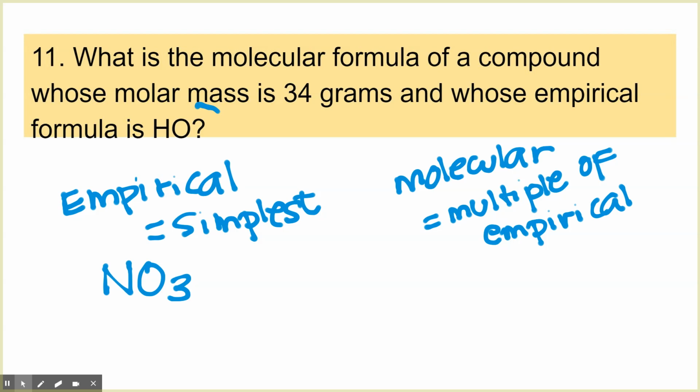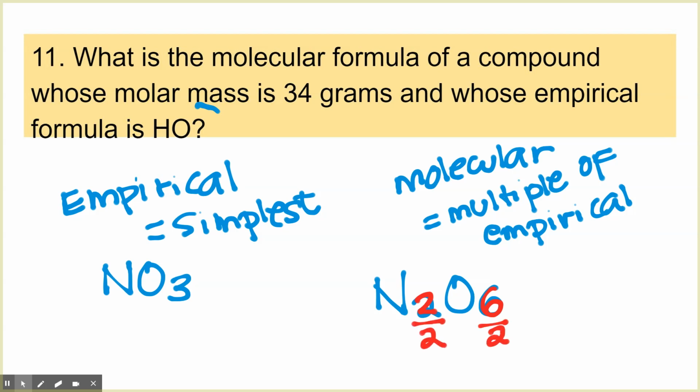So for example, let's say you got N2O6. Okay, if you look closely, you see the 2 and the 6. Can you think of a number to divide 2 and 6 and get a lower number? Yes, you can divide both of them by 2.